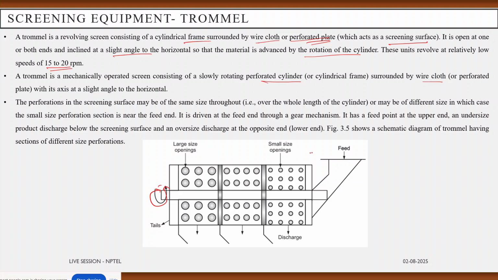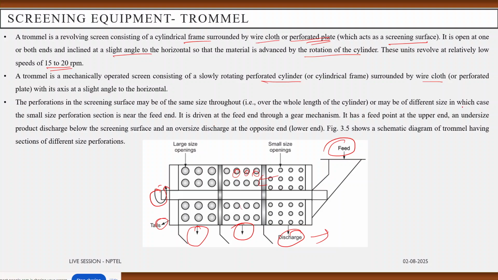At the initial section, where the feed material is introduced into the trommel, the sizes are small. This is discard. Then it advances to the next part where the aperture is a little bit bigger. We can collect these two fractions, and these are the tail material.